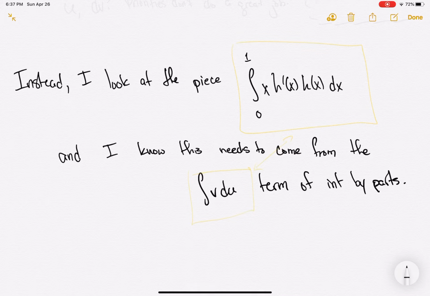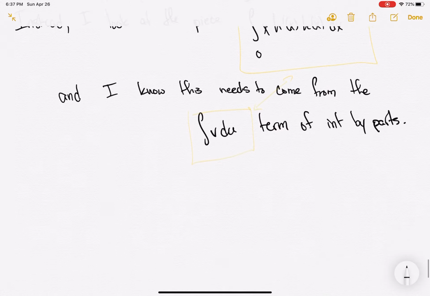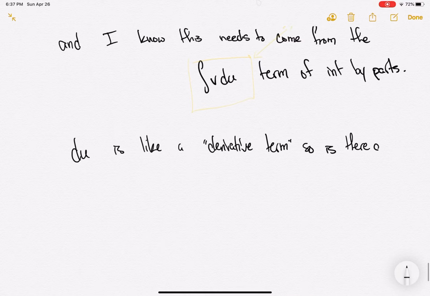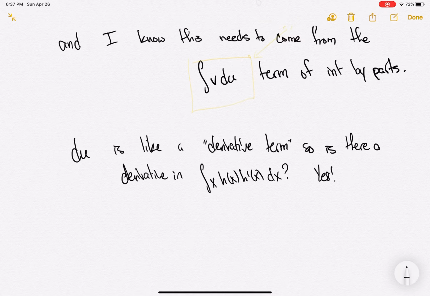So if this is coming from the v du term, do I see a du? du is like a derivative. So is there a derivative in this piece? Yes, of course there is.